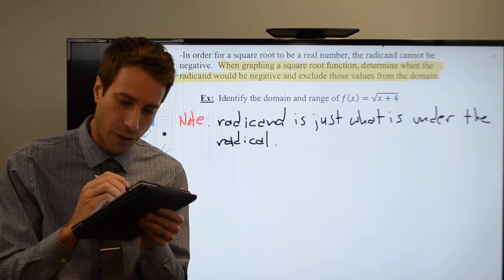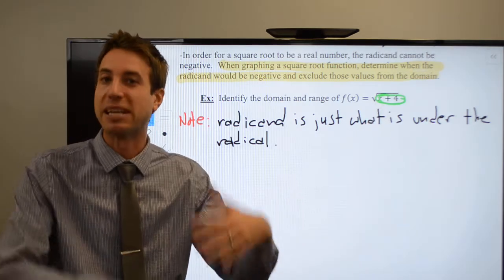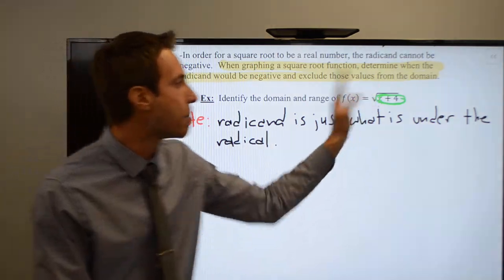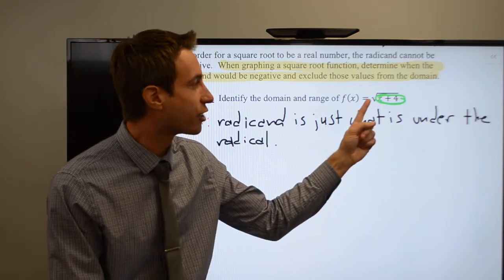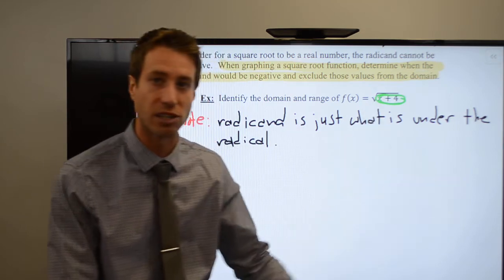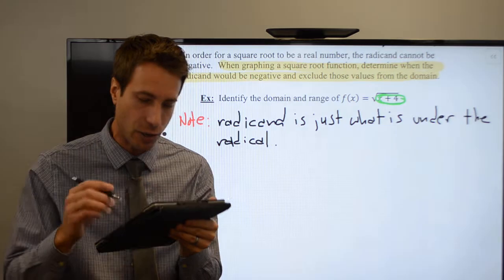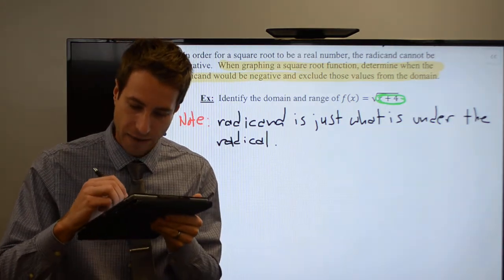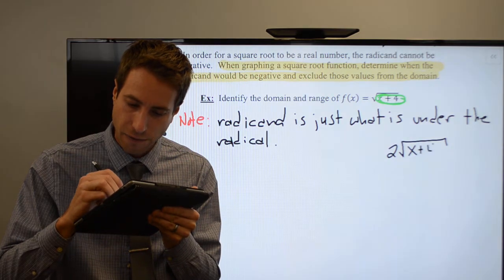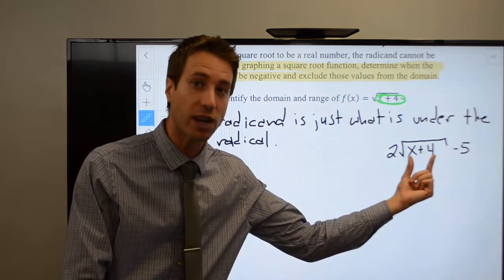So the radicand in this example problem is x plus 4, because that's what's underneath the radical symbol. If I had a bunch of other stuff in here, if I had a 2 out front, so I had 2 times the square root of x plus 4, and then a minus 5 on the end, the radicand is just what's under the radical.